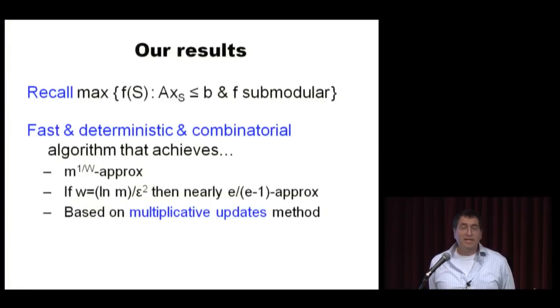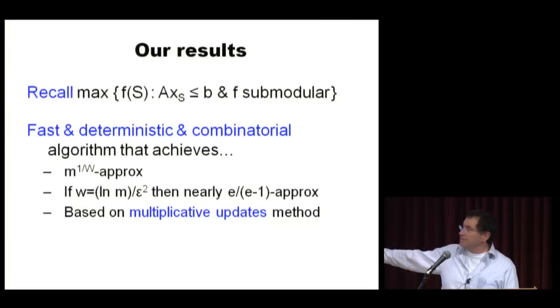Okay, so we actually get the same results, which is a fast combinatorial algorithm, about n squared, so it's really much faster. So if n is even 2 to the 30, or 2 to the 25, it can be implemented. And it gets the same approximation, M to the 1 over W. Again, W is the width of the linear programming, which means the minimum value in the B column, assuming all values are between 0 and 1.